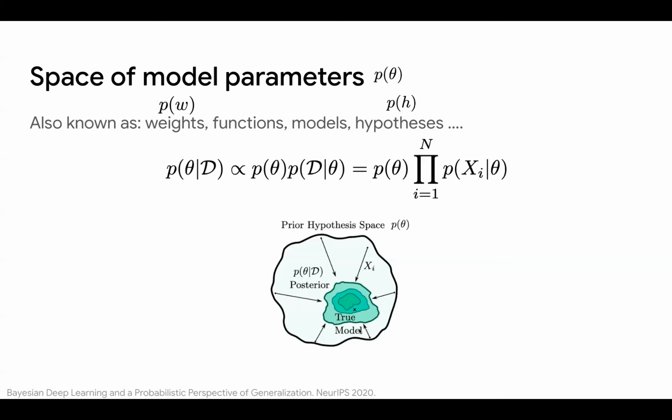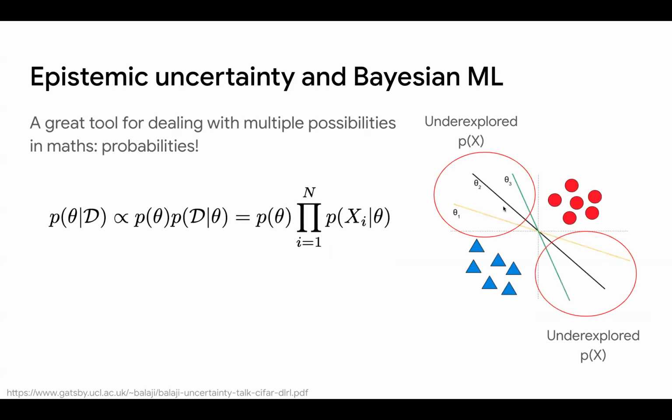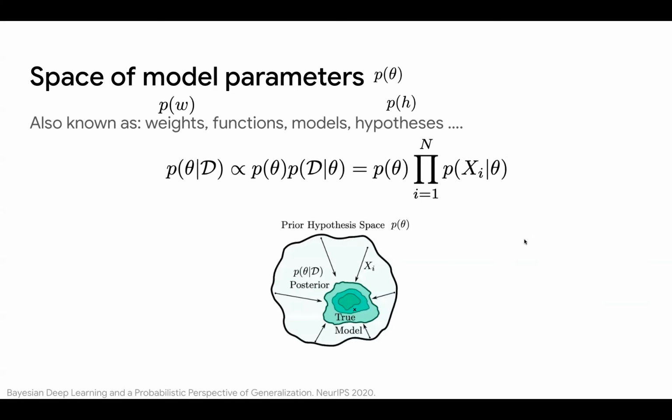Okay, so this is the ideal visualization of what should be happening with Bayesian machine learning. From the input space point of view, you're adding more and more data here, right? And then eventually you're narrowing down the possible range of theta angles here, right? So that's what should be happening with Bayesian machine learning.